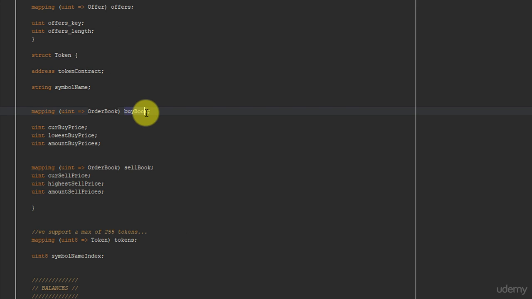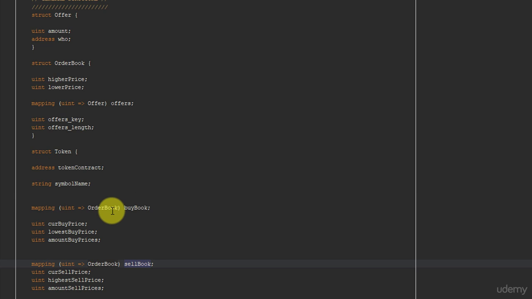We have a mapping for a buy book and a mapping for a sell book. And this is a struct, an order book struct. In our order book, we have another mapping for offers, and we have an offers key and the offers length. So we have several offers, and we store in the offers key where we are at, and in the offers length, the amount of offers that we have.